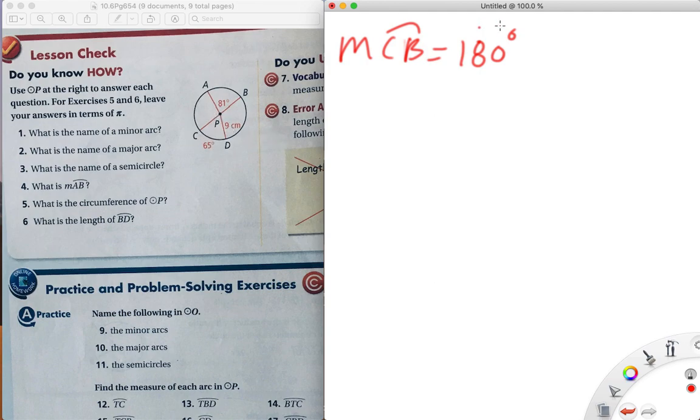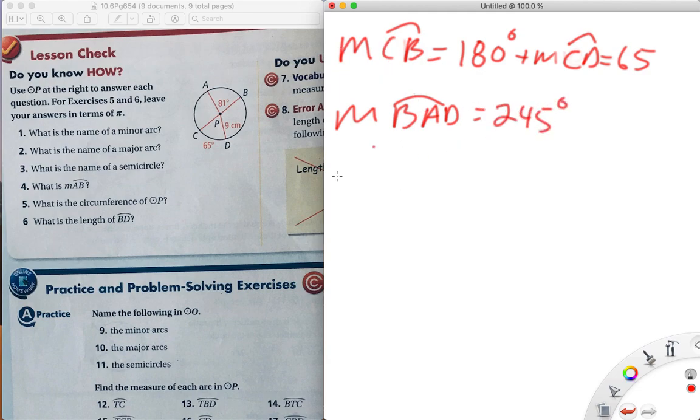I can also add CD, which is 65 degrees. So then I get a major arc of, let's call it BAD, which is 180 plus 65, which is 245.